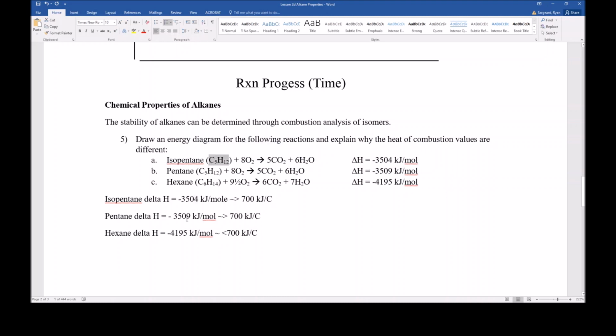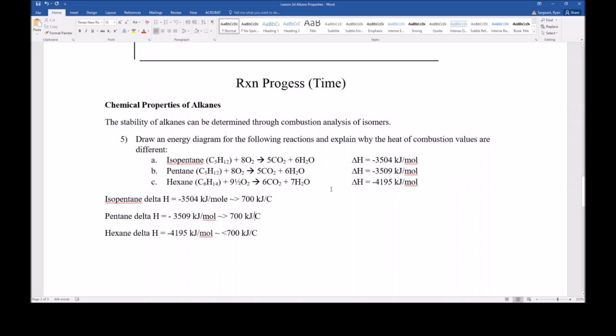They are constitutional isomers of each other, and the isopentane happens to be a lower heat of combustion, and that has to do with the fact that it's more branched. The problem is that students get the rationale confused with boiling point. It has nothing at all to do with stackability. It simply is based on the fact that a more branched compound tends to be more stable, and a more stable compound gives off less heat of combustion.